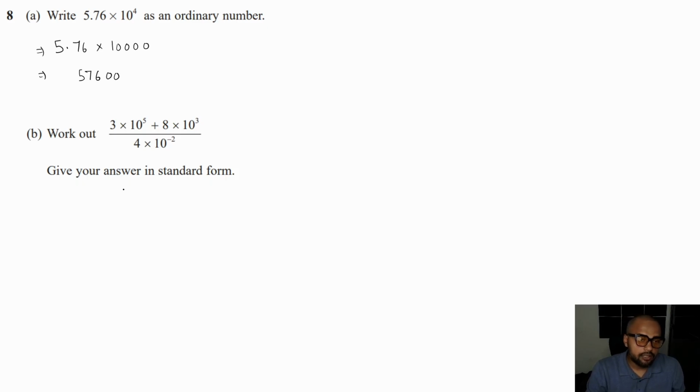Now in the next part they have asked to give your answer in standard form. In the numerator, students, we can take 10 power 3 as common. So in the numerator we will be left with 3 times 10 power 2 plus 8 1. In the denominator, let it be 4 times 10 raised to the power minus 2.